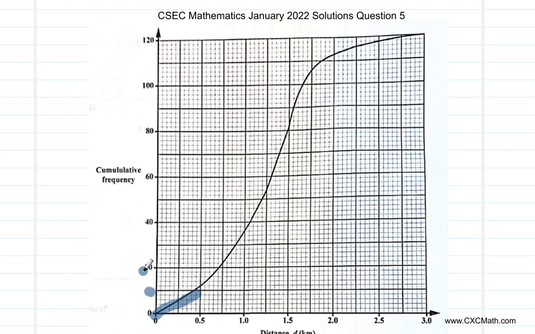Right, this is the number of students going up. You will find that only a few of them will walk a short distance, and only a few of them live very far from the school. But the bulk of them live within a certain distance from the school. That's why the shape is generally like that.